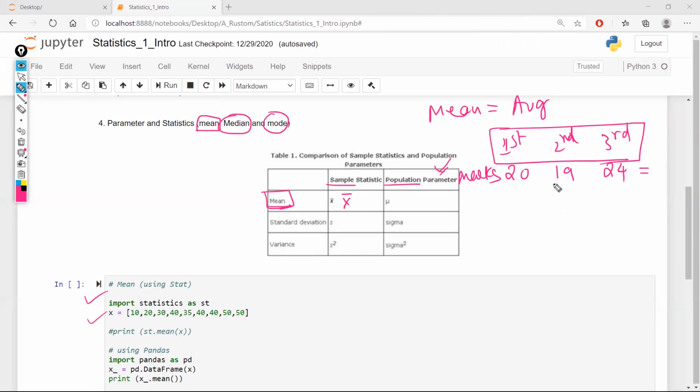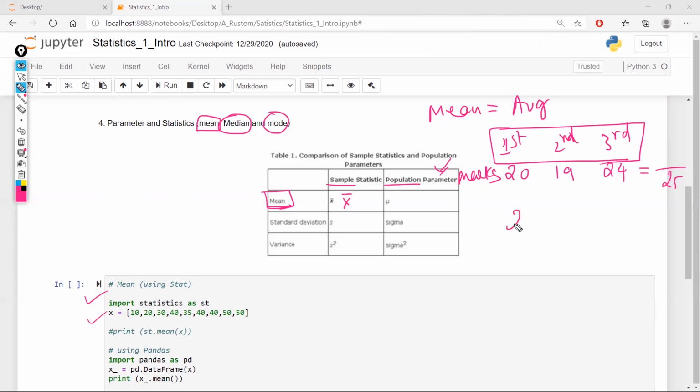Whenever you get your certificate or mark sheet, you will see the unit test scores separate and the main exam marks separate. Out of 25, how are they going to give it? It is basically the average of this data.